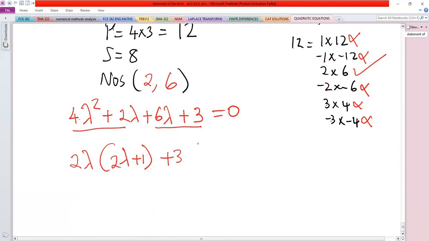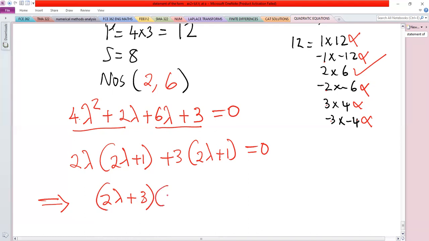Common here is 3 into 2 lambda plus 1 equals 0. So this implies that 2 lambda plus 3 times 2 lambda plus 1 equals 0.